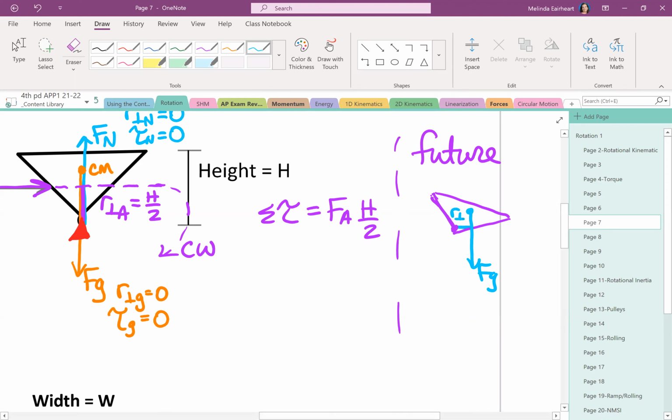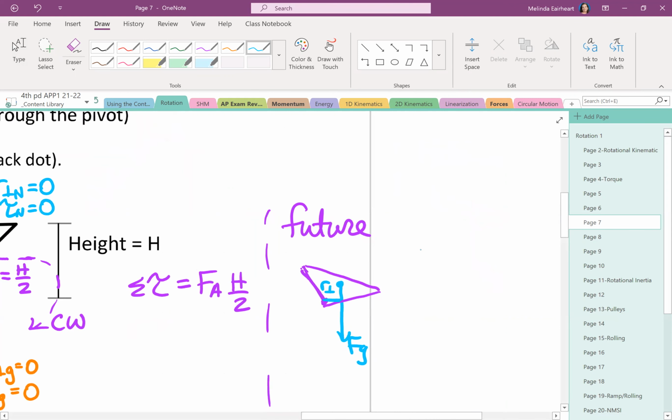But the lever arm would not be 0 in the future. So R perp for gravity would not equal 0. And so the torque would not equal 0 either. Good on that point? I just don't want you thinking because in one problem, gravity has no torque in this situation, that it always will. That's not true.